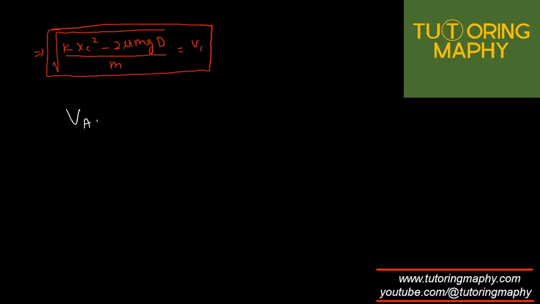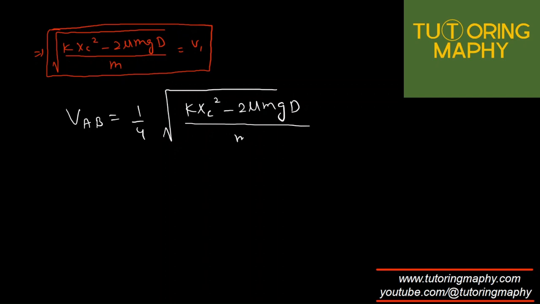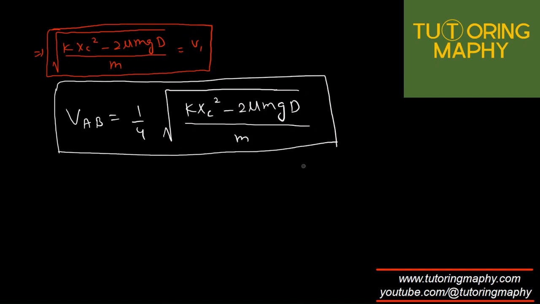So V_AB is going to be 1/4 square root. If you want, you can distribute the m as well, or otherwise you can just leave it as it is. It doesn't really matter. You're going to get complete marks either way. So I'm going to box it up, and this is the final answer for B2. Hope this makes sense.